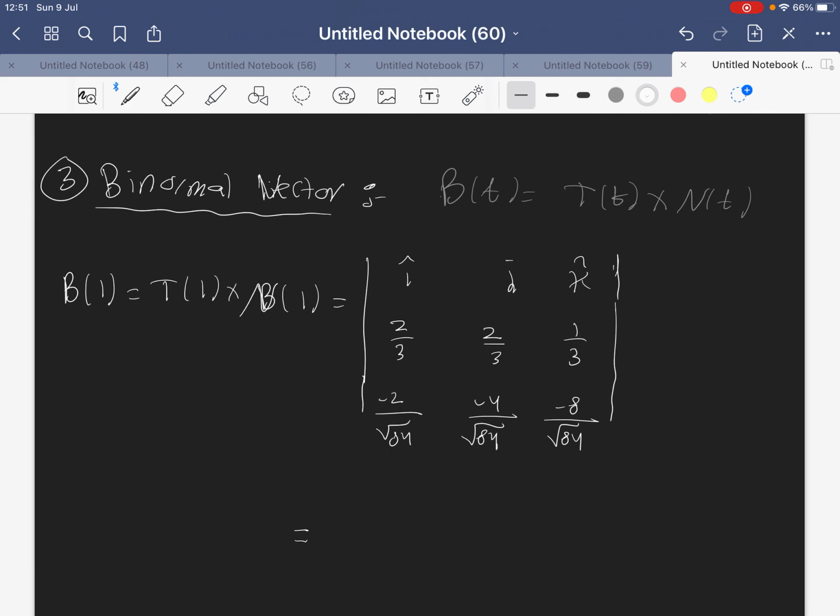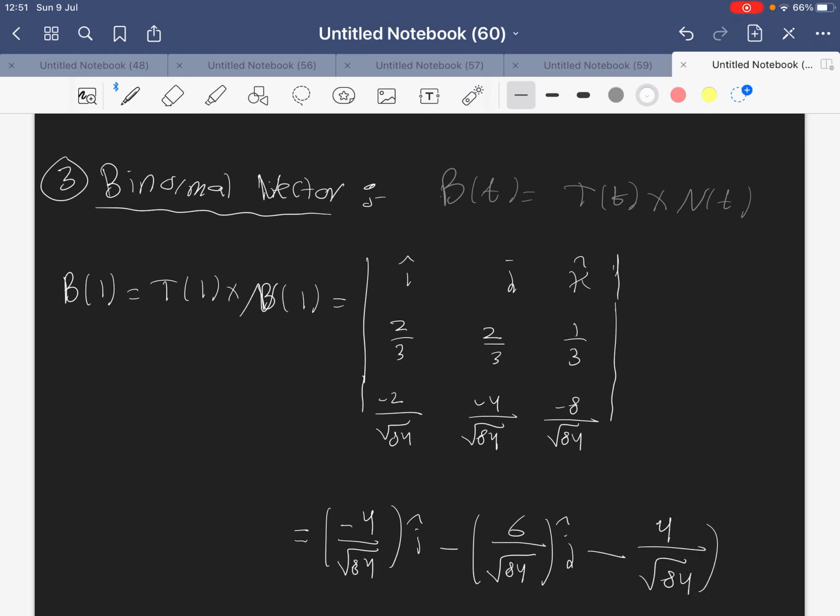We need just to find the determinant of this one, and the final answer would be negative 4 over 84 i minus 6 over negative 84 of j minus 4 over negative 84 of k.